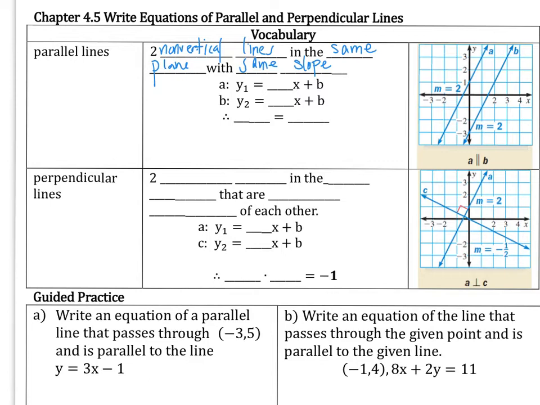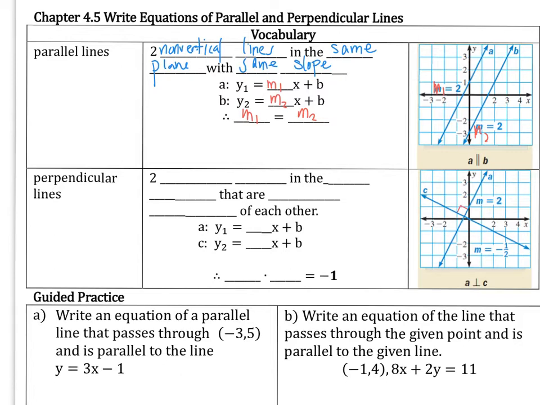So if we look at this picture to the right, I can label the slope of line A to be M1 and the slope of line B to be M2. And therefore, the slope of line A would equal the slope of line B.